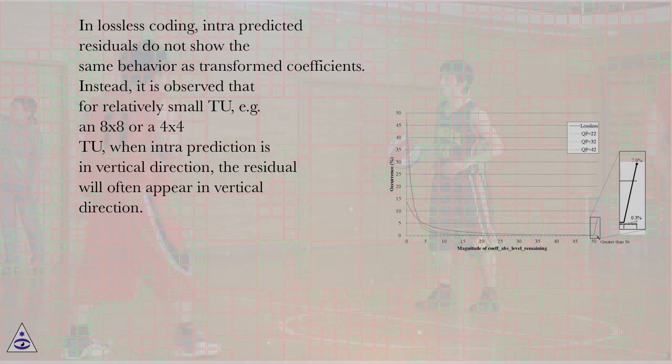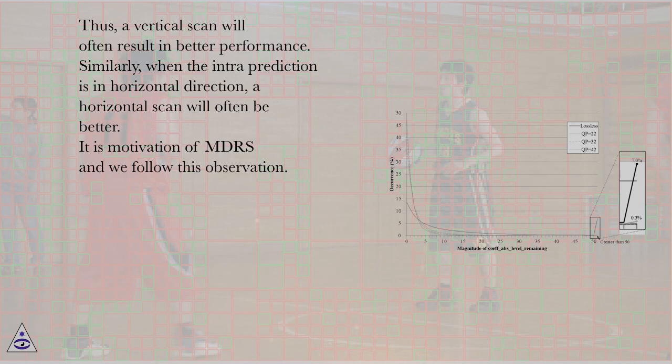In lossless coding, interpredicted residuals do not show the same behavior as transformed coefficients. Instead, it is observed that for relatively small blocks, for example an 8x8 or a 4x4 block, when interprediction is in vertical direction, the residual will often appear in vertical direction. Thus, a vertical scan will often result in better performance. Similarly, when the interprediction is in horizontal direction, a horizontal scan will often be better.